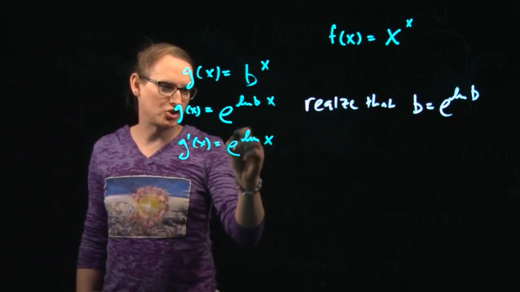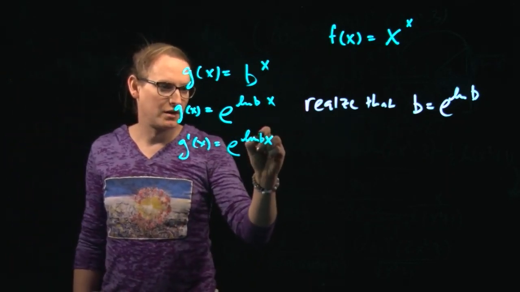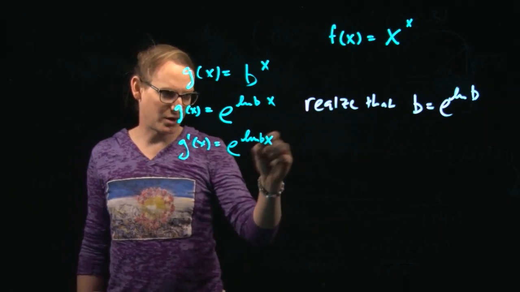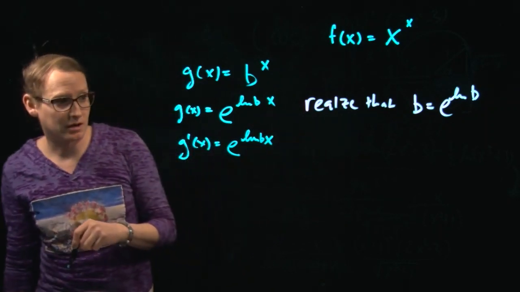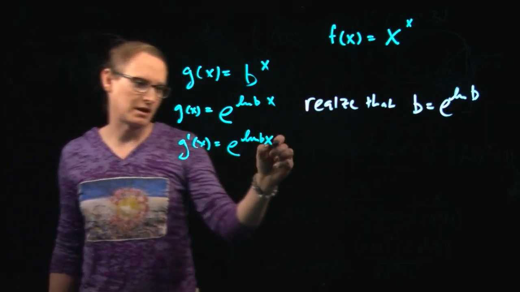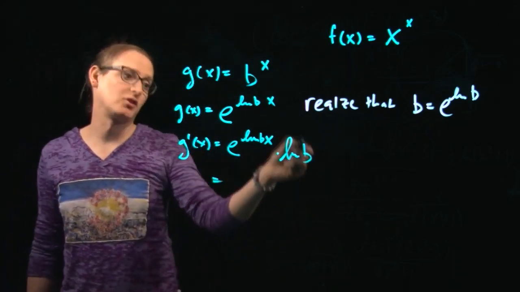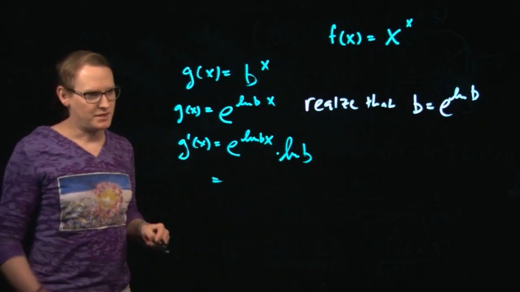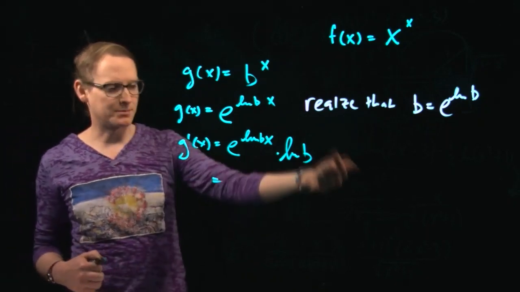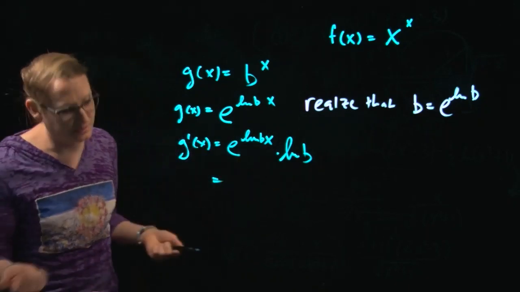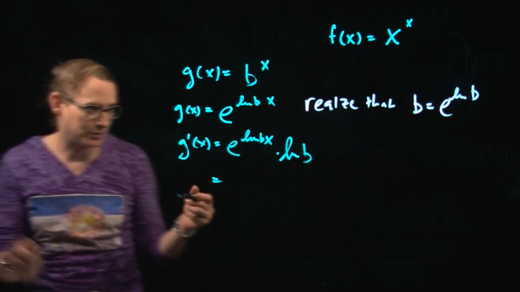So I need to chain out the derivative of this natural log of b times x right here, and the derivative of natural log b times x is just natural log of b. Then it's canonical to put the stuff that's not inside the exponential function in front of it, so we don't accidentally stuff it inside when we evaluate.